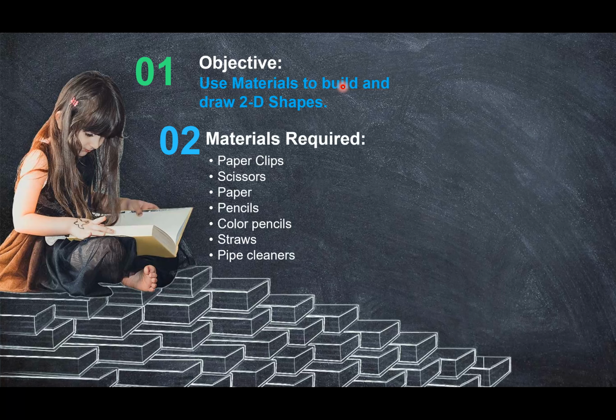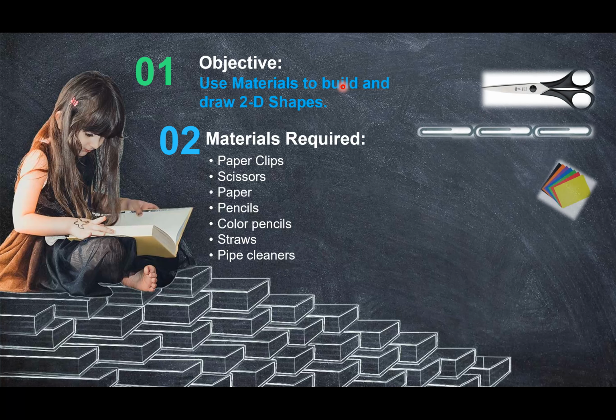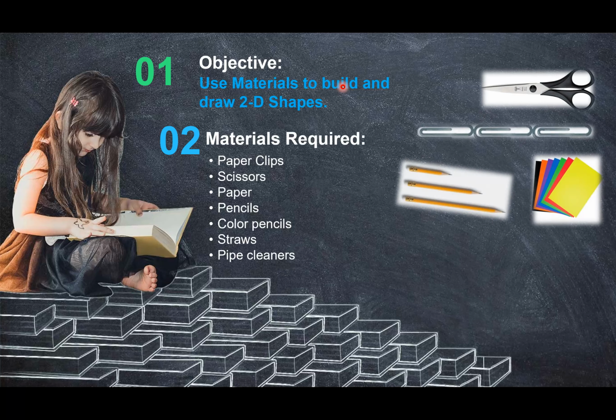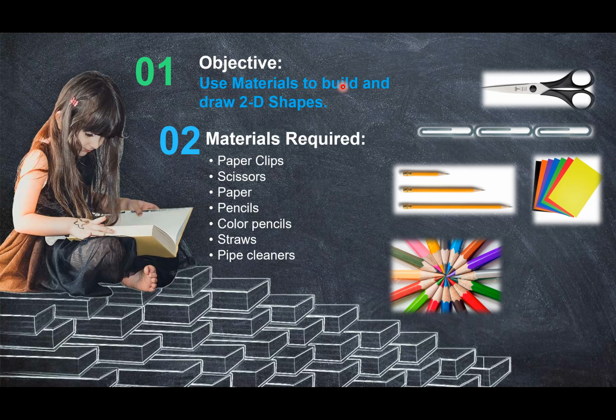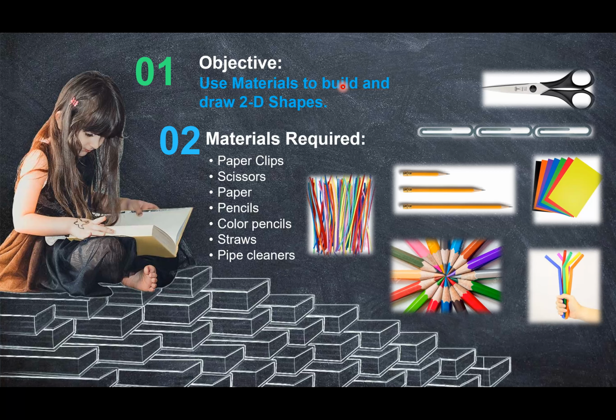The materials you need are scissors, paper clips, colored papers, pencils, color pencils, straws, or pipe cleaners. You can also have string or any other material. If you have it, you can take it, but these are the materials that you will need for this lesson.